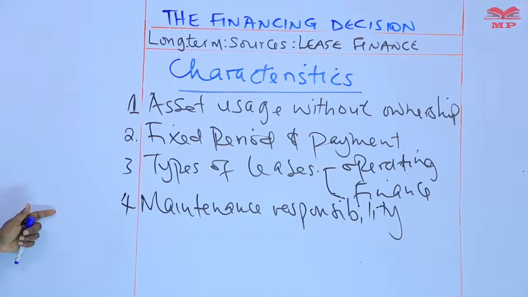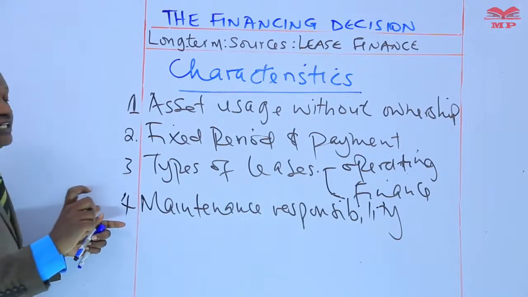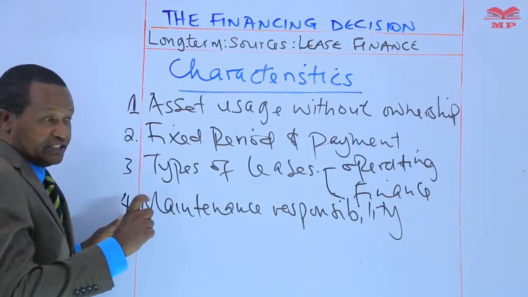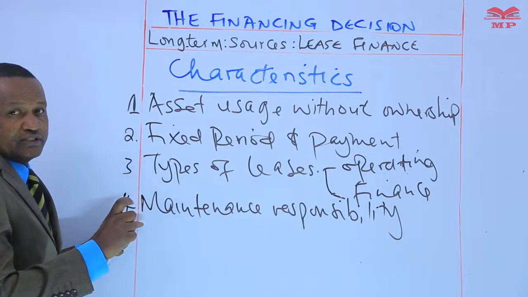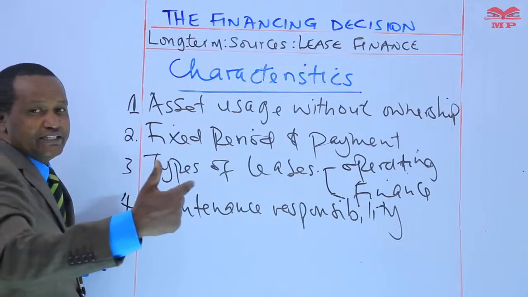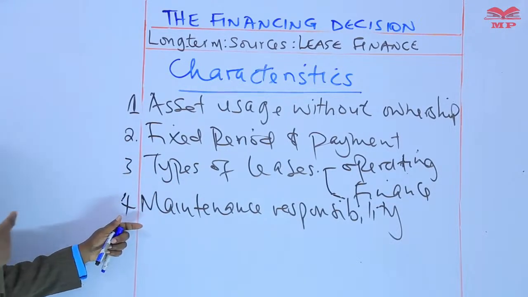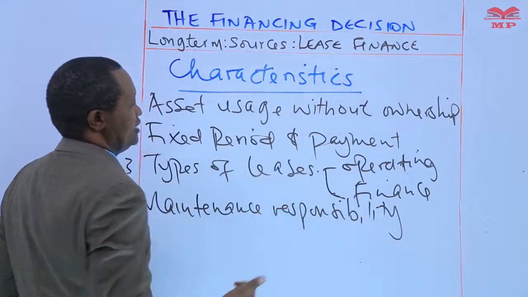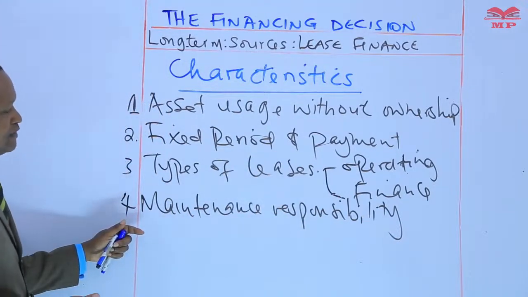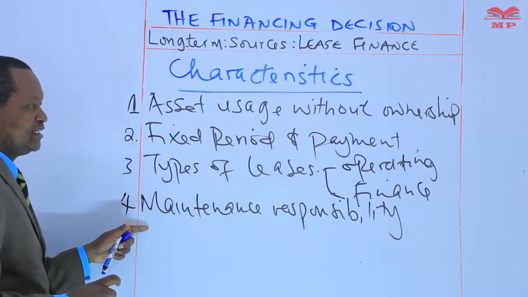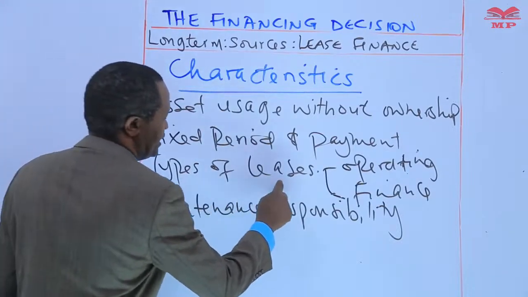The lessor may retain responsibility for maintaining and servicing the leased asset in operating leases. Do you understand? While the lessee may take on such responsibilities in the finance lease agreement. So maintenance responsibility, the one who maintains the asset, is dependent on the type of the lease.